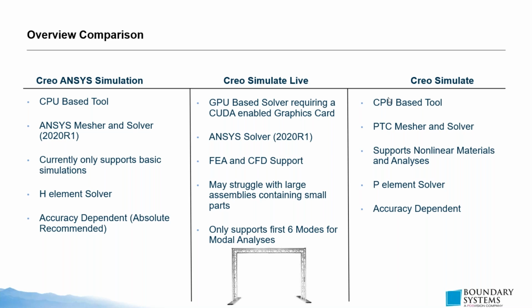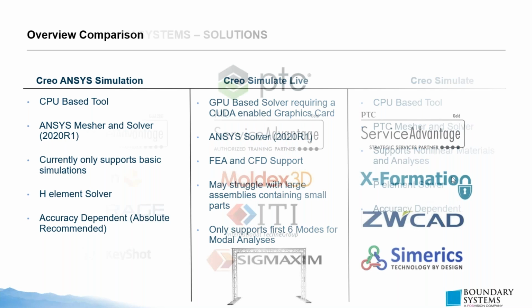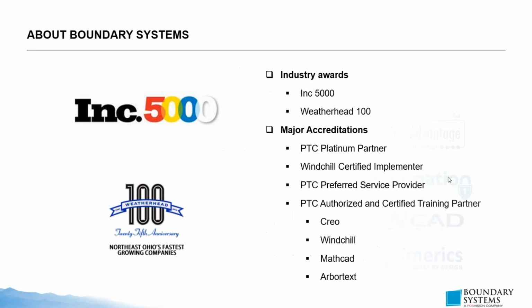Friction is planned for release in Creo ANSYS Simulation, but it's a very new tool, so it currently doesn't have any support for it. There are frictionless contacts available in both these tools right now, but nothing for adding a coefficient of friction. But those are available in Creo Simulate.